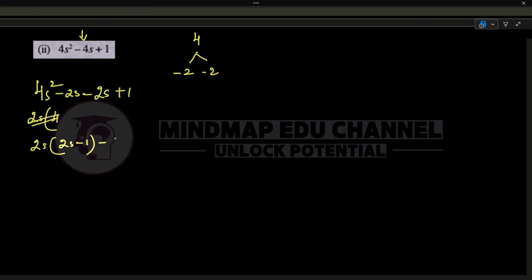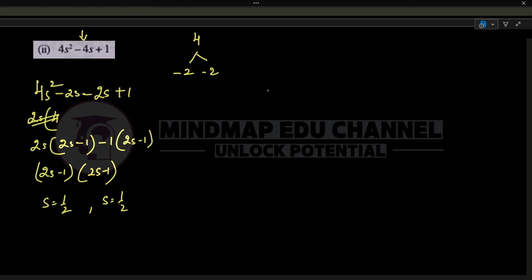Let's take minus 1 common, so it will be 2s minus 1. So 2s minus 1, 2s minus 1. The zeros we get are s equals 1 by 2 and s equals 1 by 2. So here are our two zeros for the given polynomial.